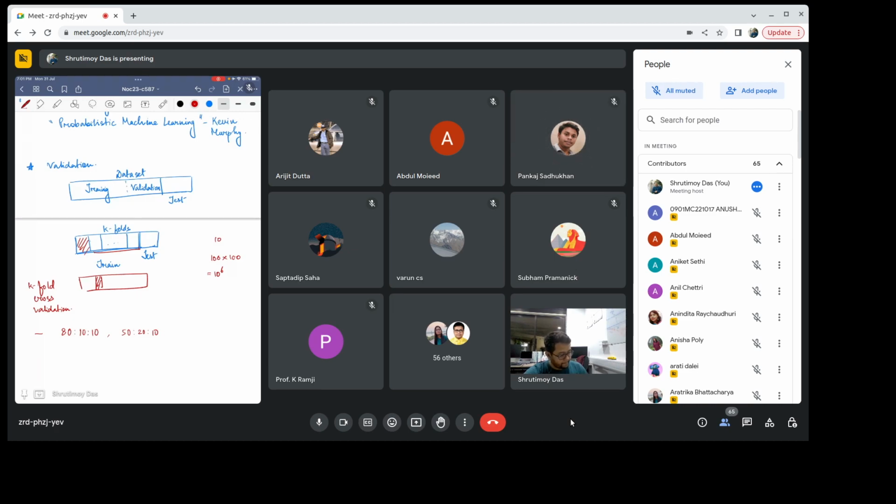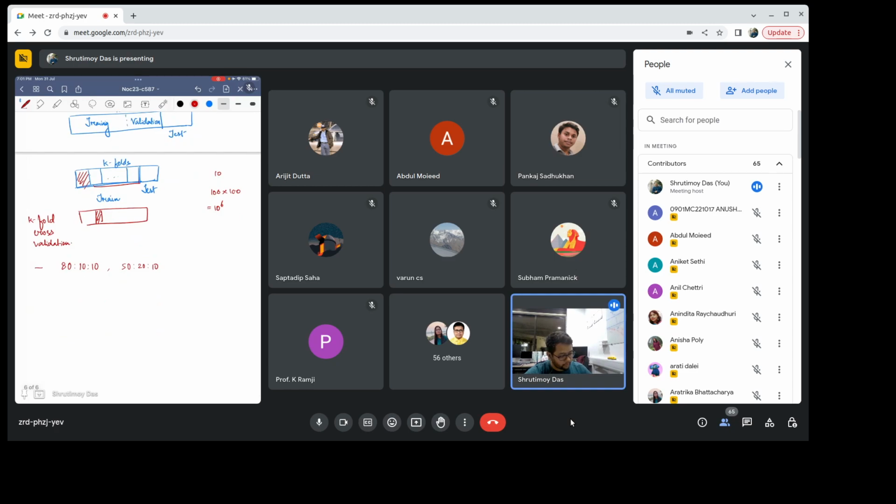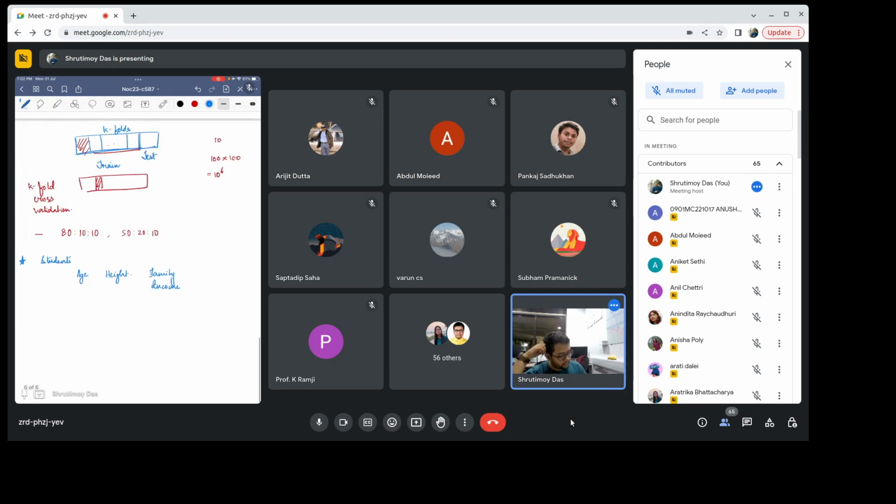Okay. So suppose we have a data set, say students. So we have some features of the students. They will have age, height, maybe family income, and so on. Their age can be something like 14, 13, 15.